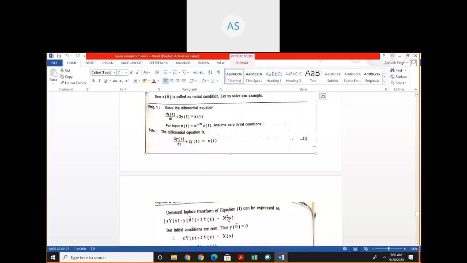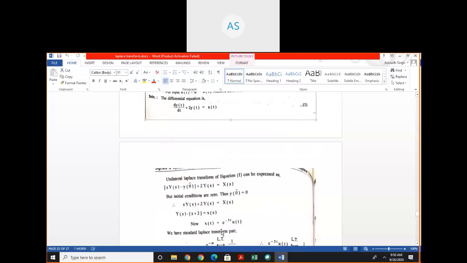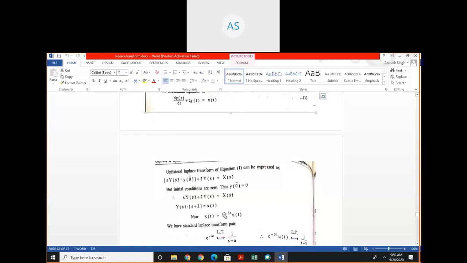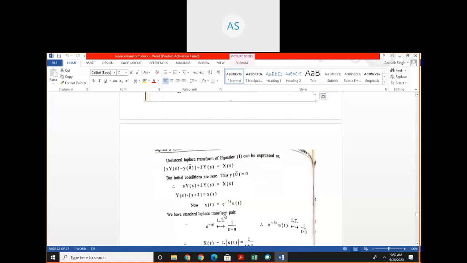Solve the differential equation dy by dt plus 2y is equal to x of t, where x of t is given by exponential minus 2t multiplied by u of t. Assume initial conditions are 0, meaning y of 0 is 0.